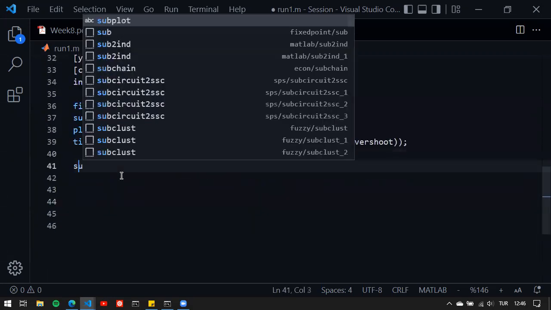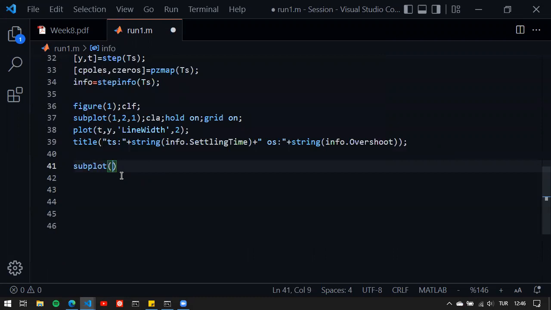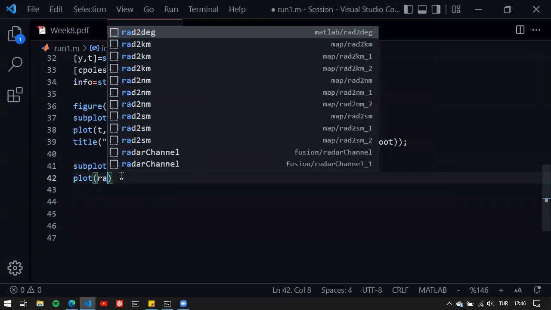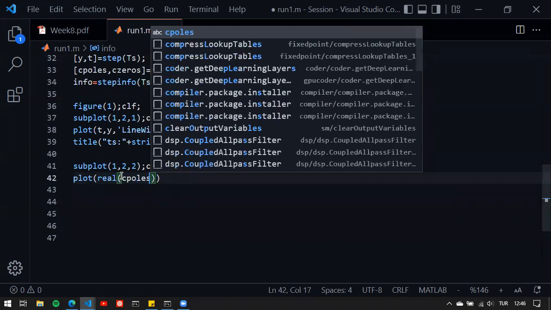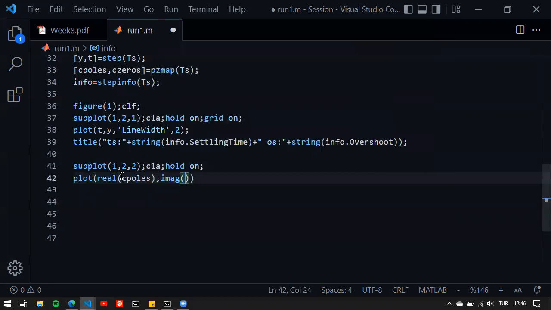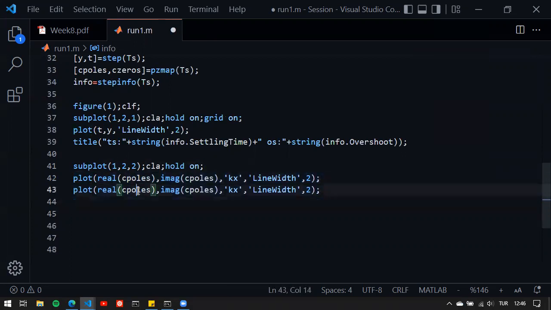Now let's plot the poles first, and now the zeros, circle.